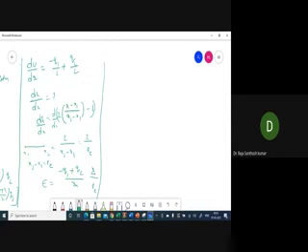What we get here is 2 by (x2 minus x1). What is x2 minus x1? It is x2 and x1, so x2 minus x1 is nothing but the length of that element. So it is 2 by LE.